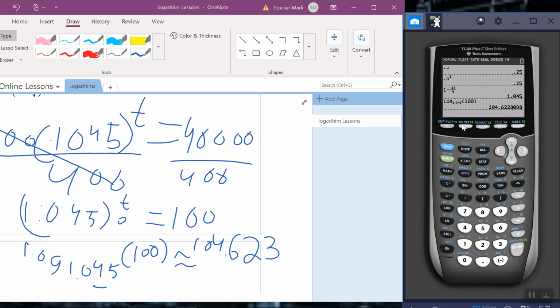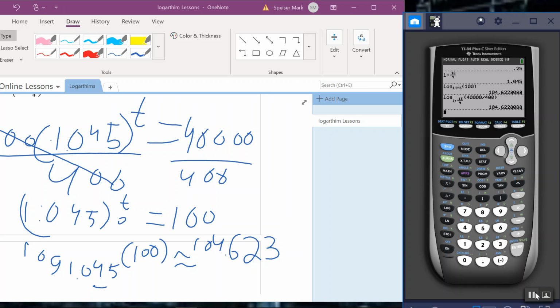So alpha, window, option 5, log with the base equal to 1 plus the fraction 0.18 divided by 4, close that parentheses, put inside here 40,000 divided by 400, and you get the same exact thing. The calculator does everything for you in these cases. You just got to set it up correctly.